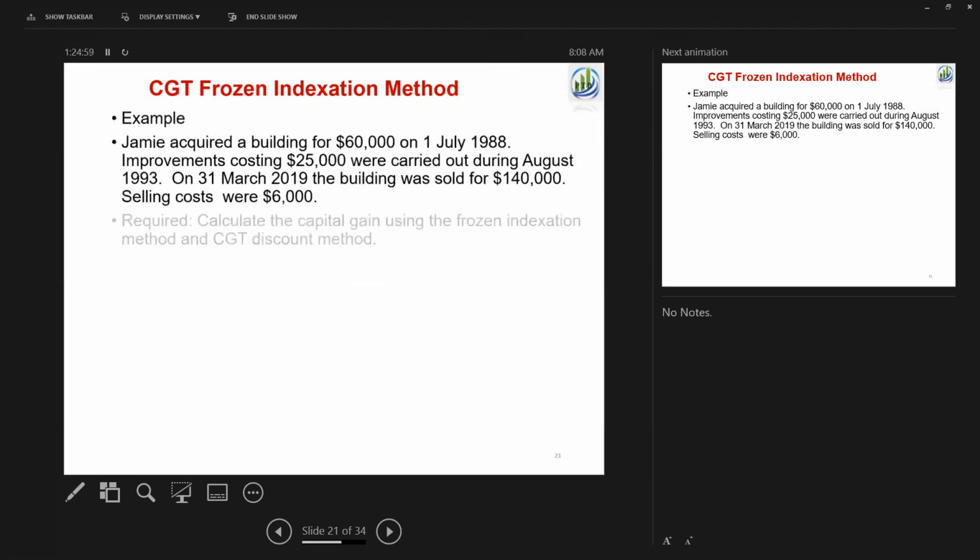So the example here: Jamie acquired a building for $60,000 in 1988, and she did some kitchen extension, that's called improvement, in August 1993 for $25,000. And on 31st of March 2019, she sold the property for $140,000 with selling costs of $6,000. Now we want to calculate the capital gain, right?